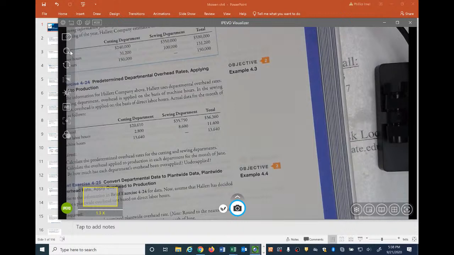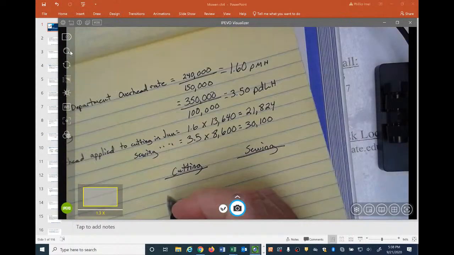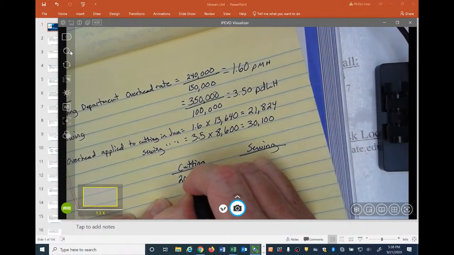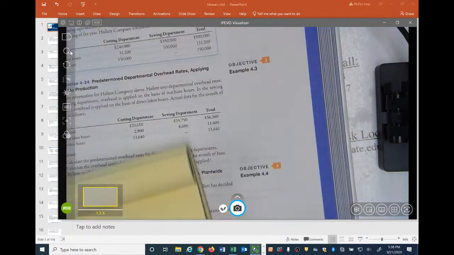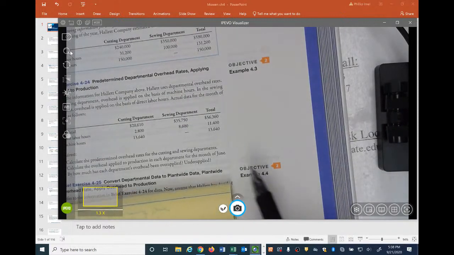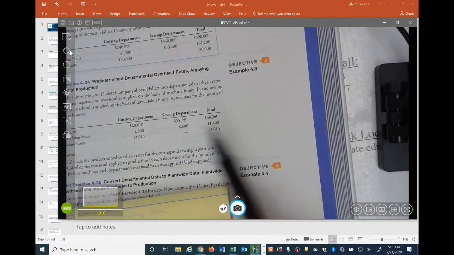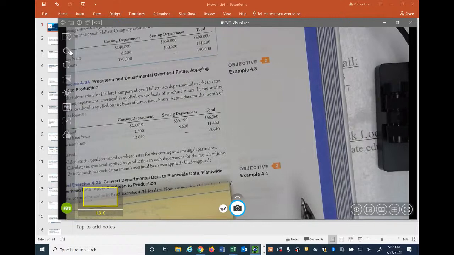Right, so first we'll just take the actual. Let's take what the actual was, and those are given to us. So the actual overhead for the cutting department, we can see here, because these are actual figures, was 20,610. The actual for the sewing department was 35,750. Everyone seeing that where I'm just pulling it directly off the chart?